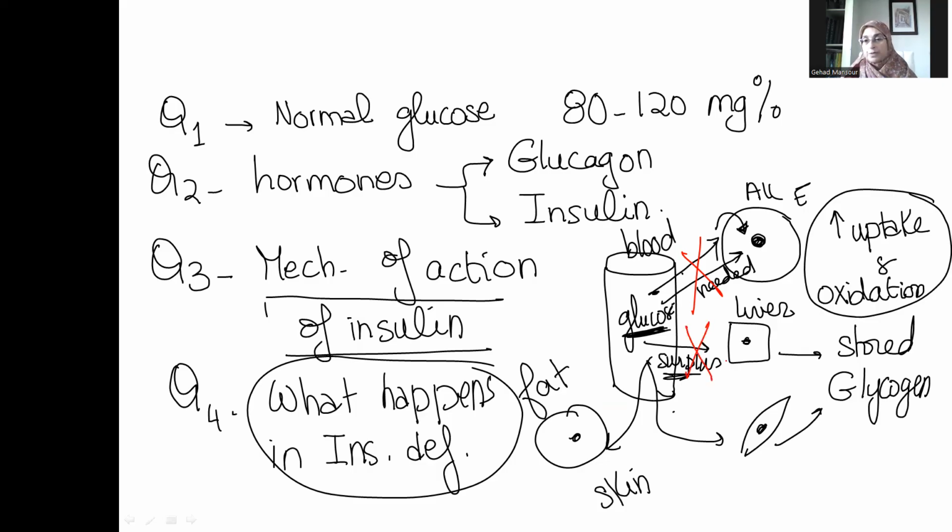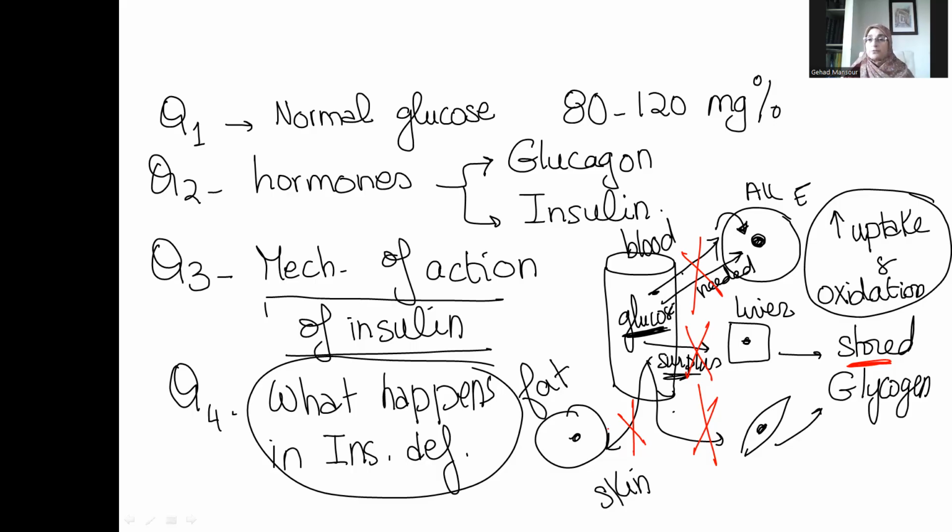There will not be uptake by the liver cells. There will not be uptake by muscle cells, meaning that there wouldn't be storage as glycogen in liver and muscle cells, and there wouldn't be deposition as fat under the skin.